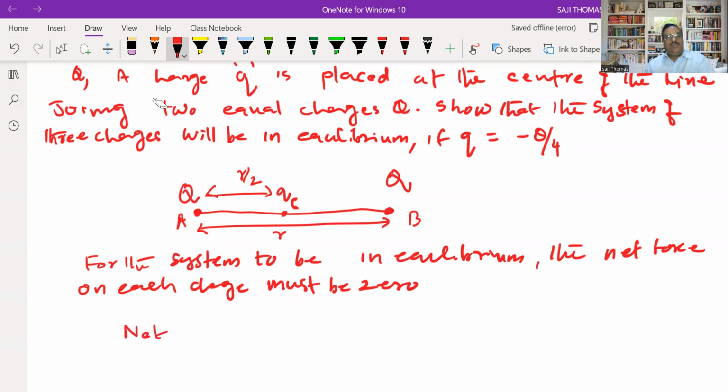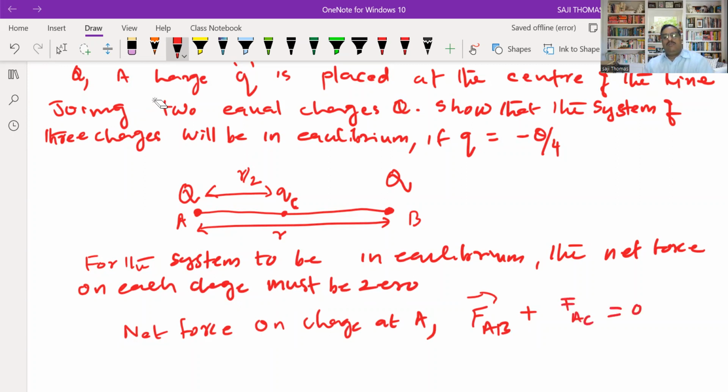So the net force on charge A: what are the forces on charge A? Charge B exerts a force on A, that means FAB, plus charge C exerts a force on A, that is FAC. That must be 0.